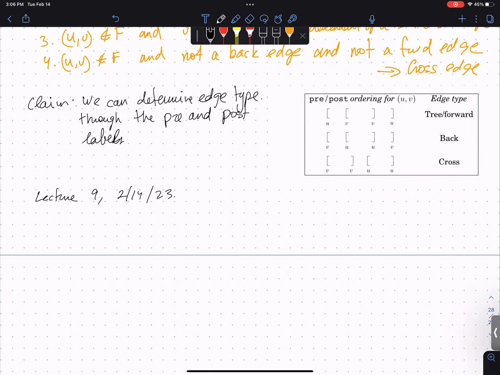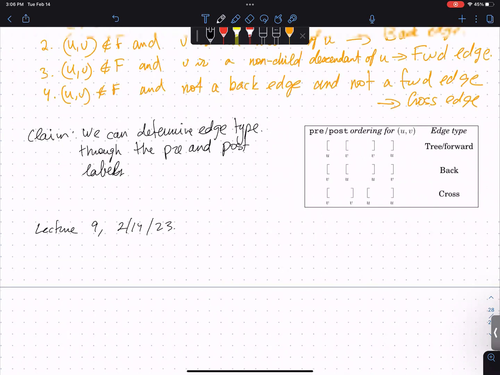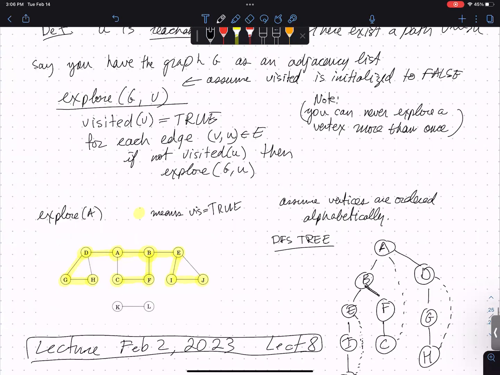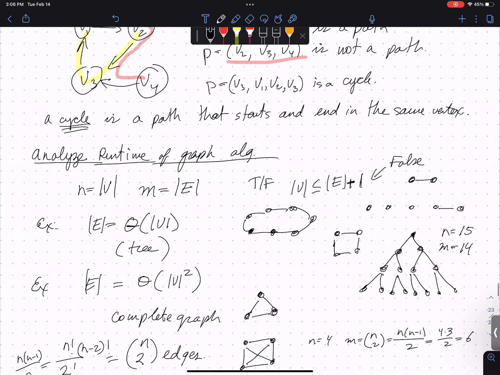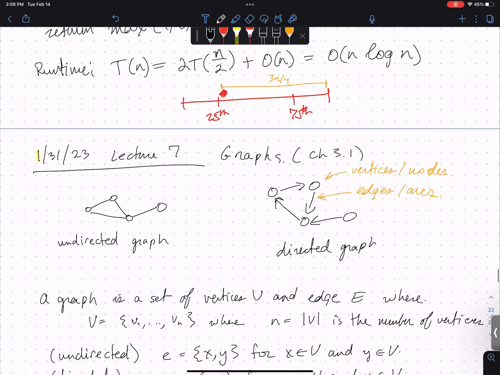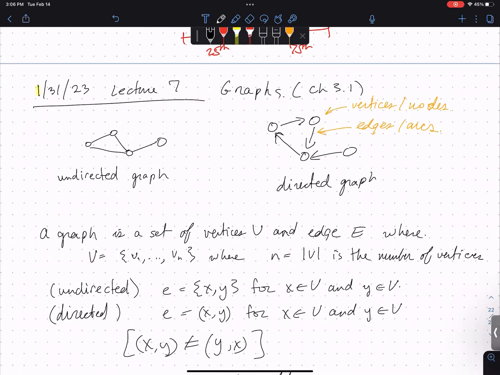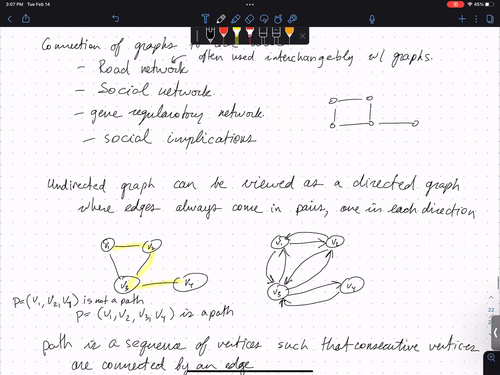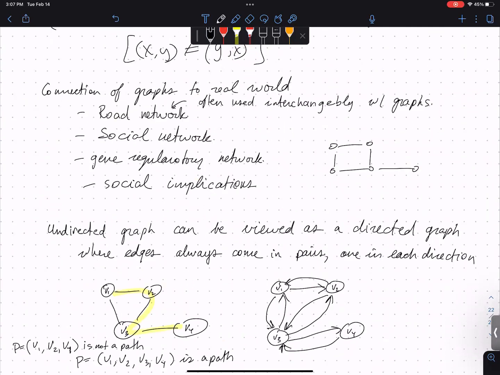All right, so let's do a little recap because I know it's been a while. What is the stuff that we've been doing post midterm 1 material? Graphs. We started with a basic introduction, directed and undirected graphs, and talked about how they come up in real life.